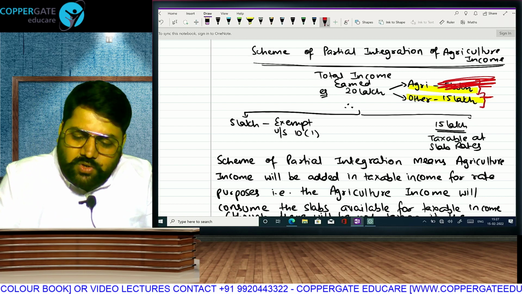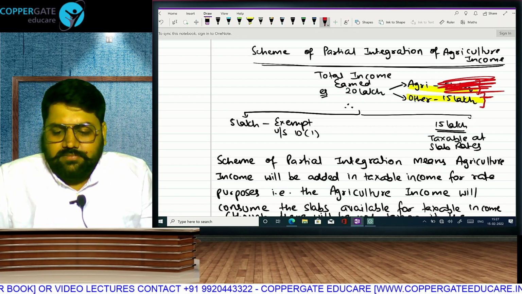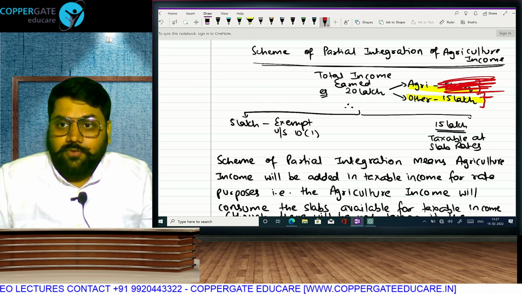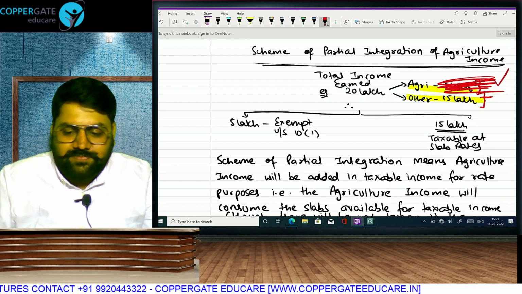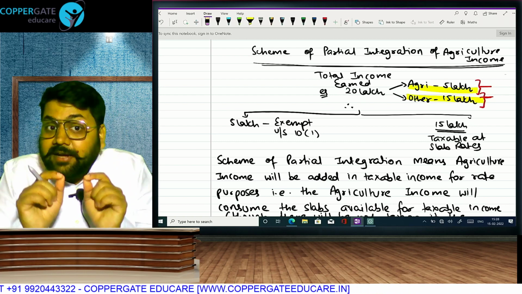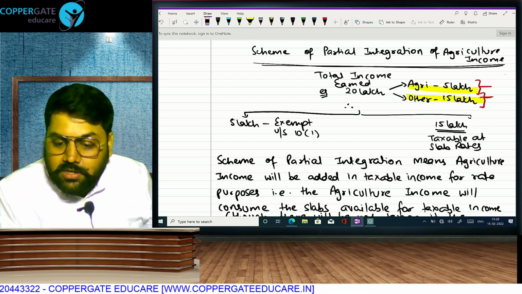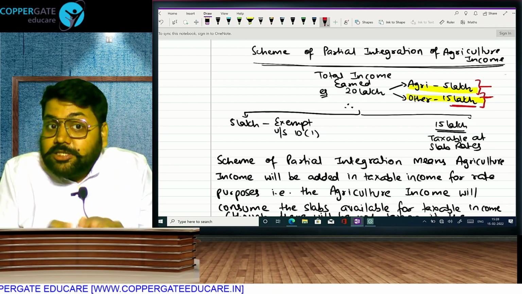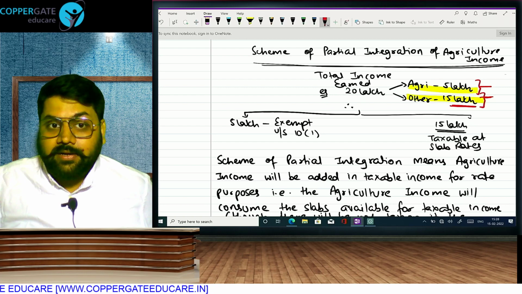Imagine an assessee who has only this 15 lakh income. He will apply slabs only on 15 lakh. But this assessee is also taking the benefit of agriculture income, and thus this is the logic: we will reduce the benefit of your other income. Agriculture income we cannot tax, it is not taxable in India.